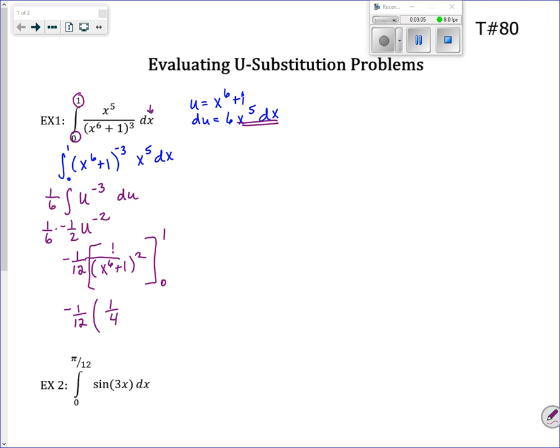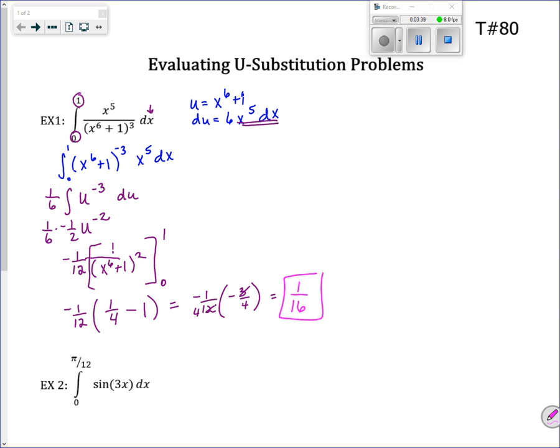Are we in agreement with that? Minus, if I plug in 0, that would be actually just 1. So that's -1/12 times -3/4. So that goes into that 4 times. Negative times a negative is a positive, and I would get an answer of 1/16. Cool. There you go.